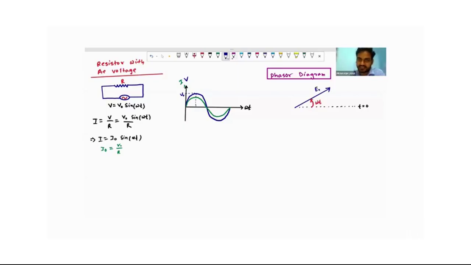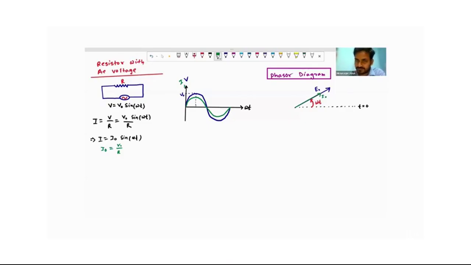What about the current? The current will be along the same direction, in the same phase. There is no phase difference between the applied voltage source and the current, so they will just overlap. But the amplitude of the current is a little less, so I keep the length of this arrow a little less, and it is denoted by I naught.